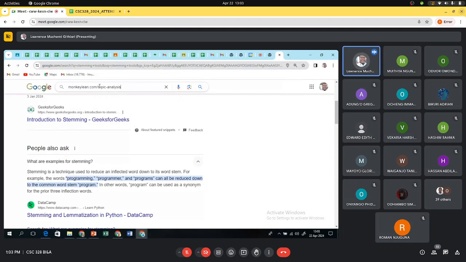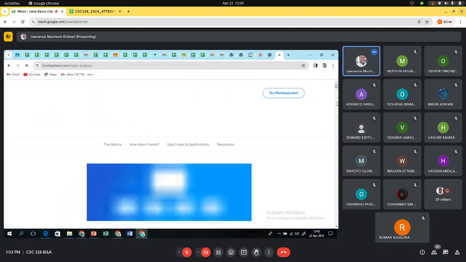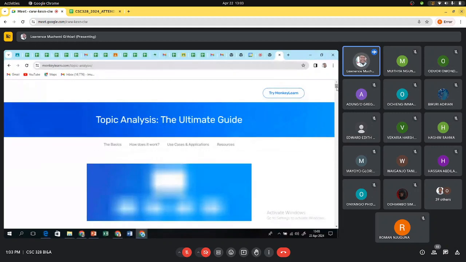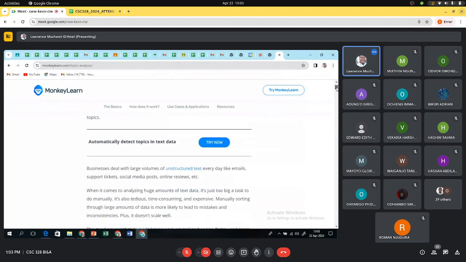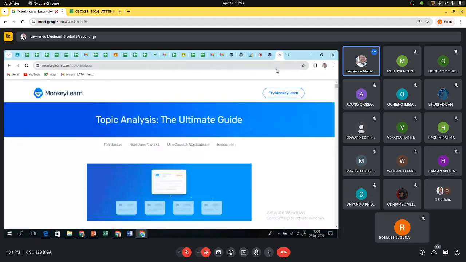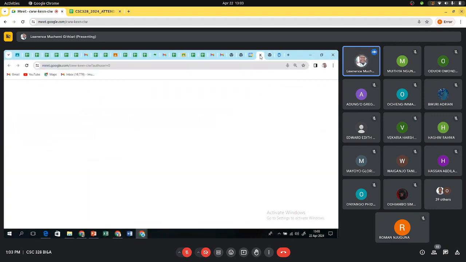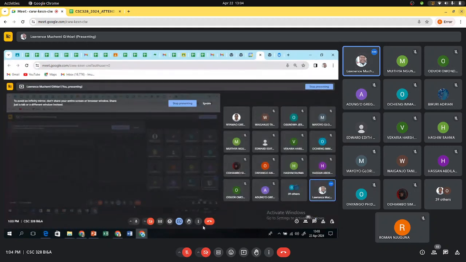I don't know if they'll be able to open that page. Yeah, this one. This is where I got this material from. I just want you to go and read more about this. We will deal with this more next time when we are meeting. Let me send it to you.